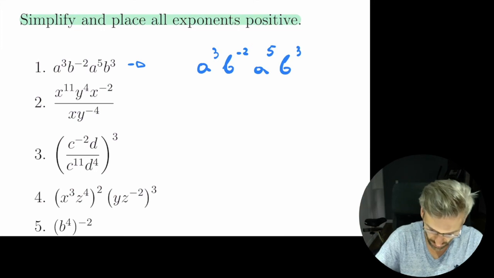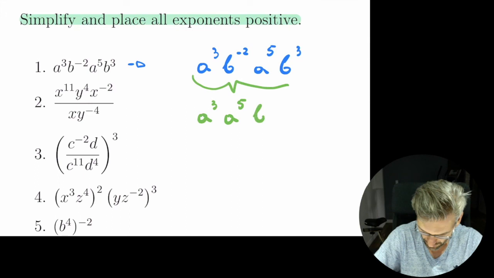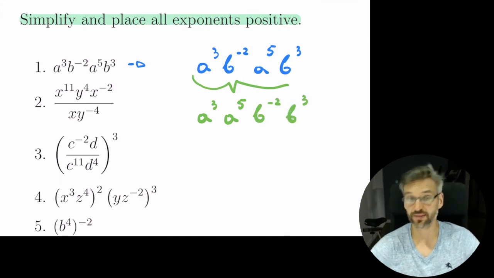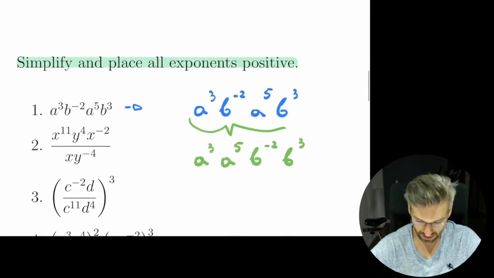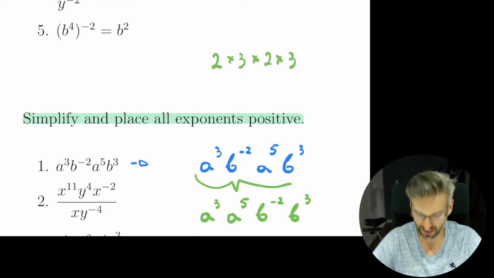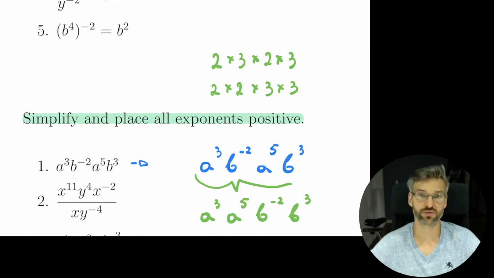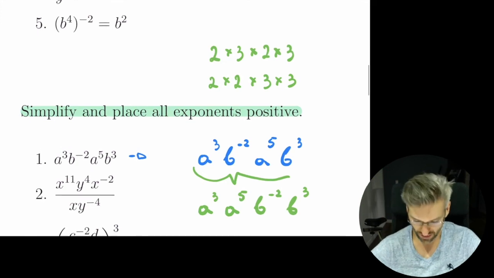So you can rewrite this entire thing and simply say a to the 3, and then I'm going to shift the a to the 5, b to the minus 2, and b to the 3. And people will say, can you do that? You can. It's the same thing as if you would have, let's say, 2 times 3 times 2 times 3 again. So you can certainly move your multiplications around in this way, because the order is irrelevant when you multiply.